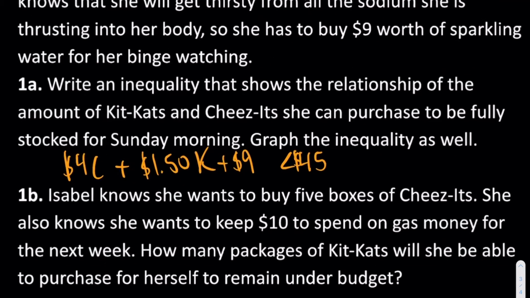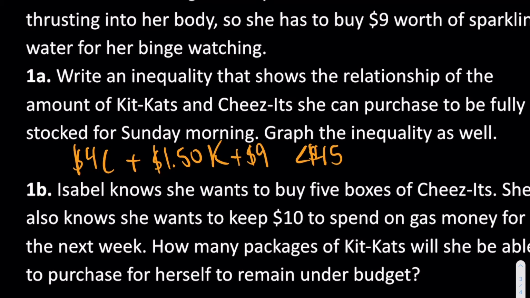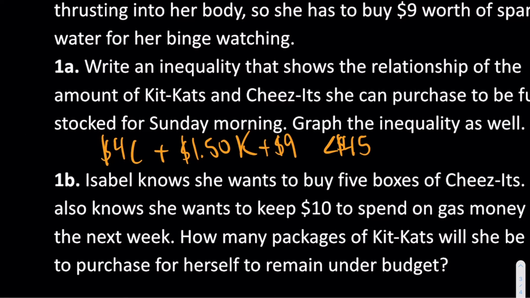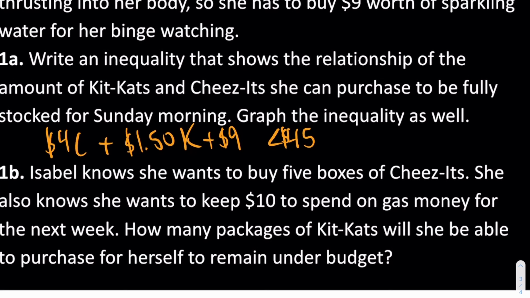You need to pay attention, so I put all my categories to where everything that I'm spending is on the left side of my inequality, and the amount of money that I already have is on the right side. To graph it like normal, you're going to want to move the $9 to the other side.